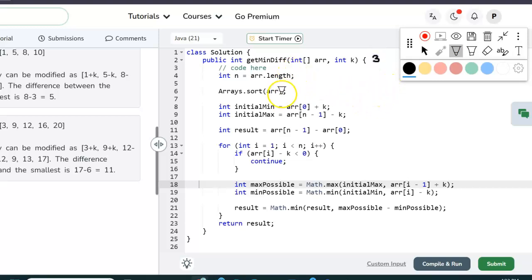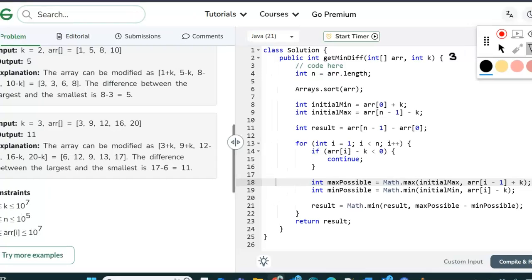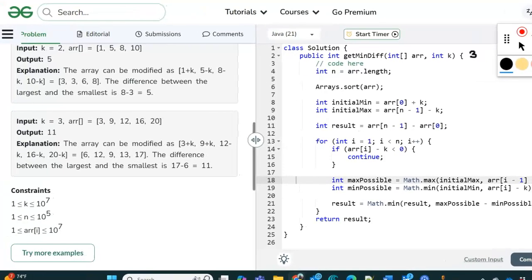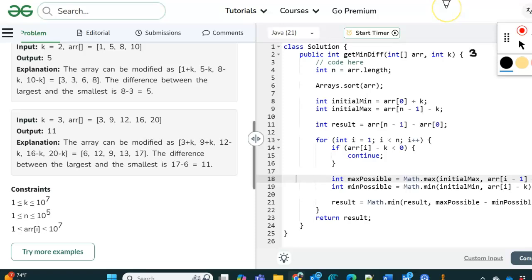Array length, sort the array. These examples are already sorted, but there's nothing in the problem description that says they're guaranteed to be sorted. Actually, there's one thing that I want to call out here before we start working on it. Basically what we want to do is make the smaller numbers bigger, and make the bigger numbers smaller.